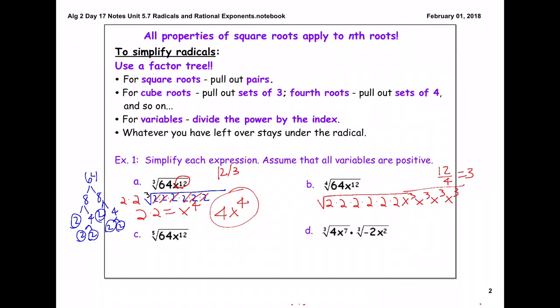To simplify and take out what we have 4 of, we can bring out a 2. We can bring out an x cubed. Whatever's left underneath, multiply back together. So we have 2x cubed times the fourth root of 4.